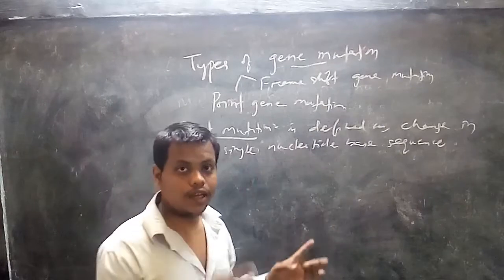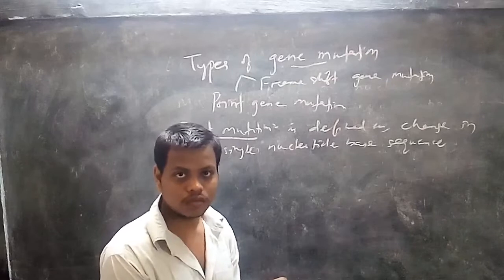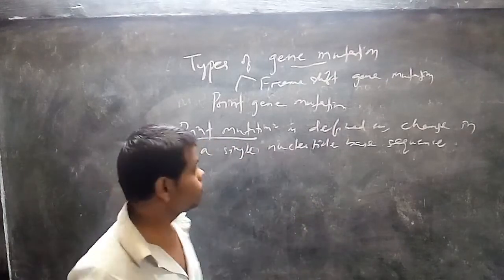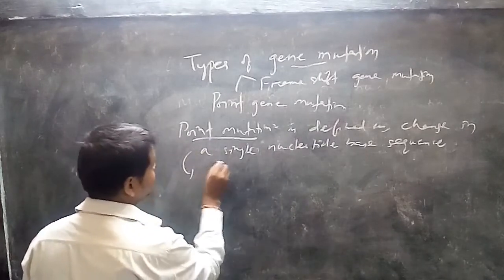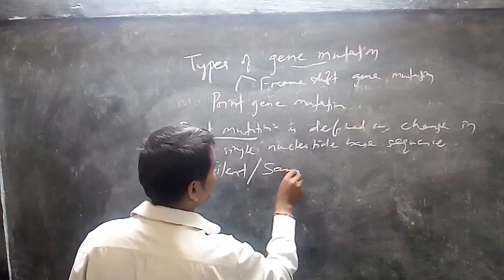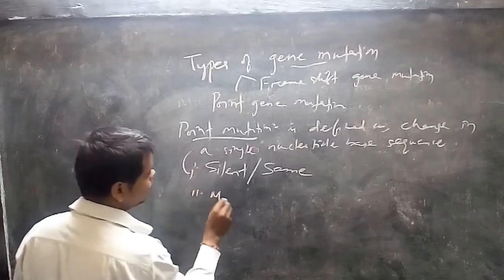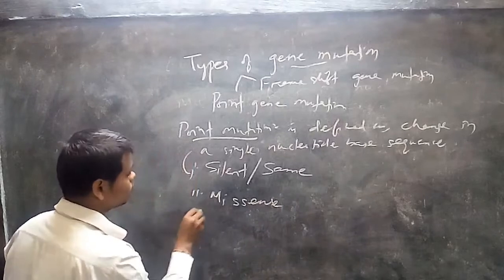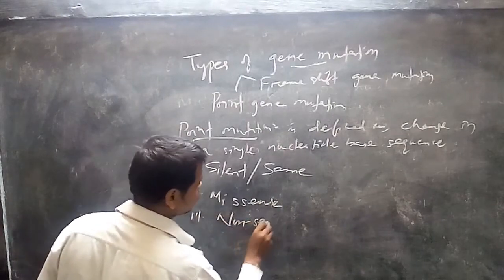That means if a particular nucleotide base sequence is altered or changed, that is called point mutation. This point mutation is of three types. One is silent point mutation or same point mutation. Another is missense, M-I-S-S-E-N-S-E, point mutation. Another is nonsense point mutation.